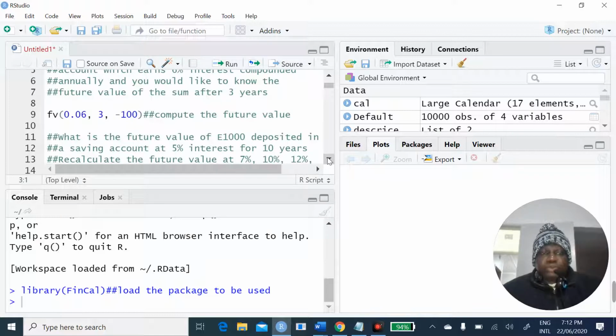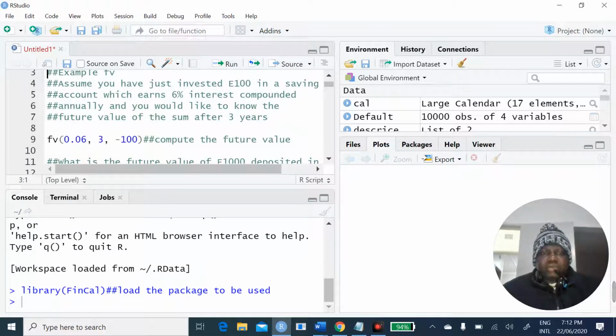Very, very simple to do. The function is FV. You start with the compound interest, here is 6%, then the number of years, then the present sum invested. But don't forget to add negative to the present sum.